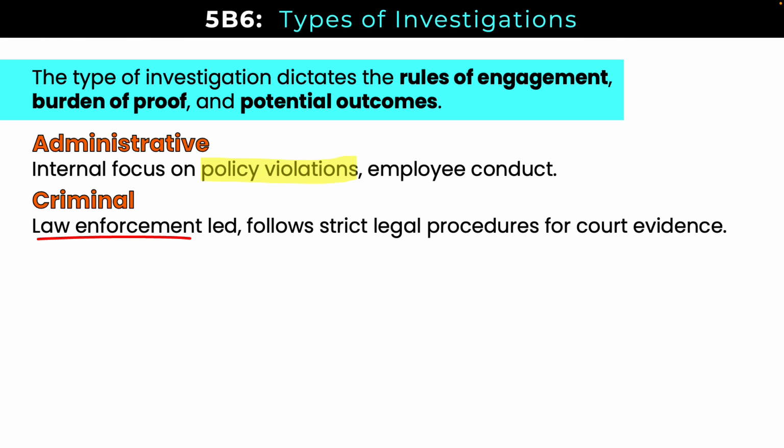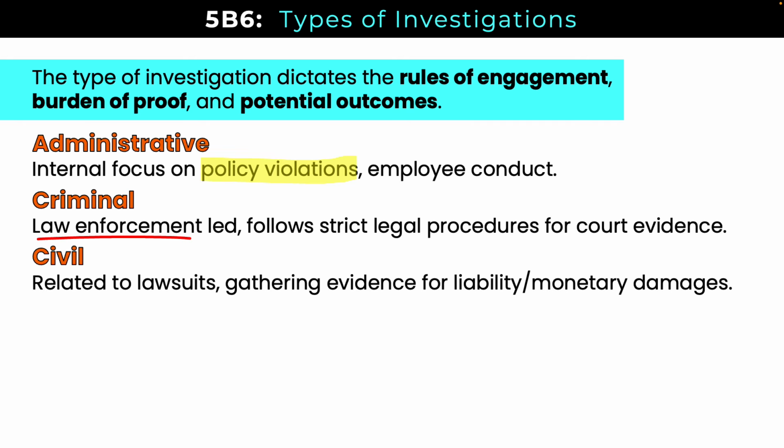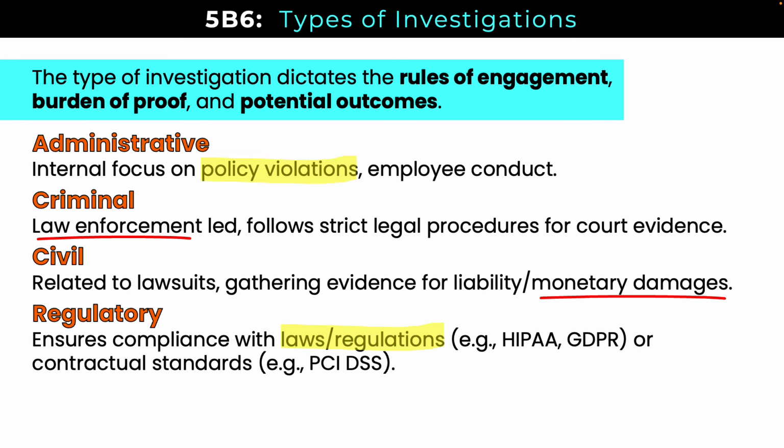Criminal investigations are law enforcement led, and they follow strict legal procedures for court evidence. There are civil investigations related to lawsuits and gathering evidence for liability, typically related to monetary damages. And then regulatory investigations ensure compliance with laws or regulations like HIPAA, GDPR, or PCI DSS.